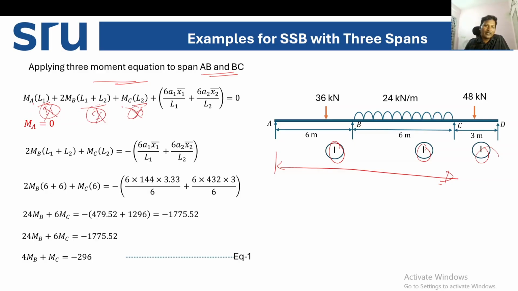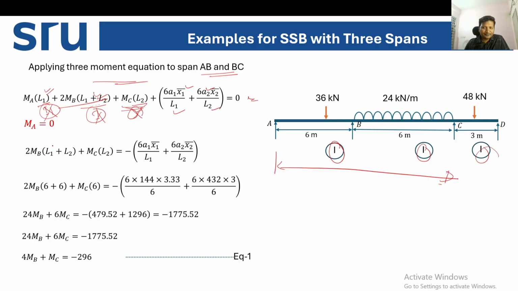So the formula will be MA into L1 plus 2MB into L1 plus L2, plus MC into L2, plus 6A1 X1 bar upon L1 plus 6A2 X2 bar upon L2 is equal to 0.